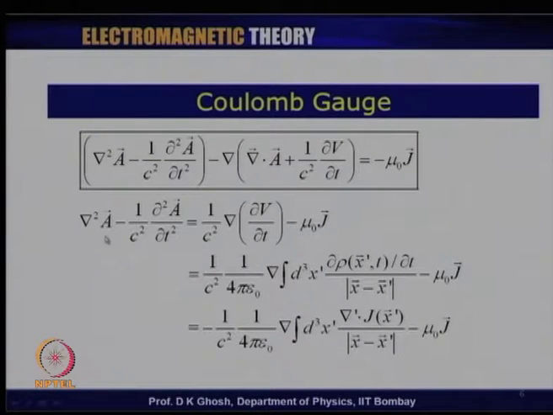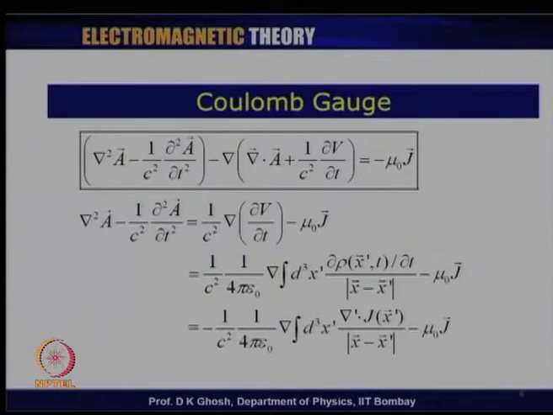So, del square A minus 1 over c square d square A by dt square equals 1 over c square the gradient of dV by dt minus mu 0 j. Now, the question is that we have to do something to get rid of this V, because what we are interested in is an equation which involves A, and let us see how it gets done.